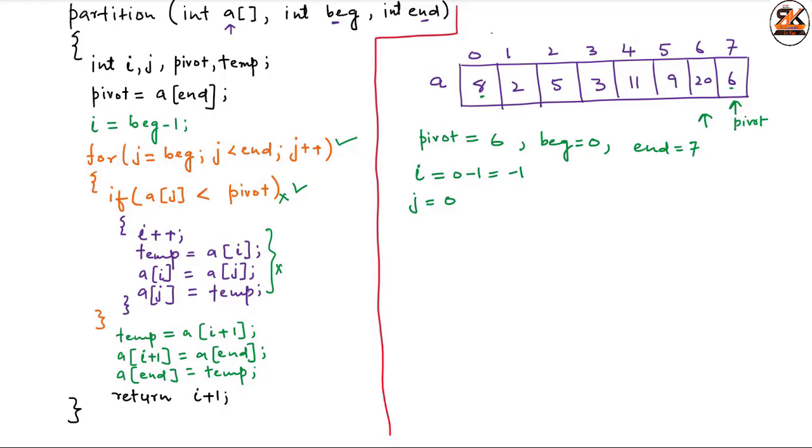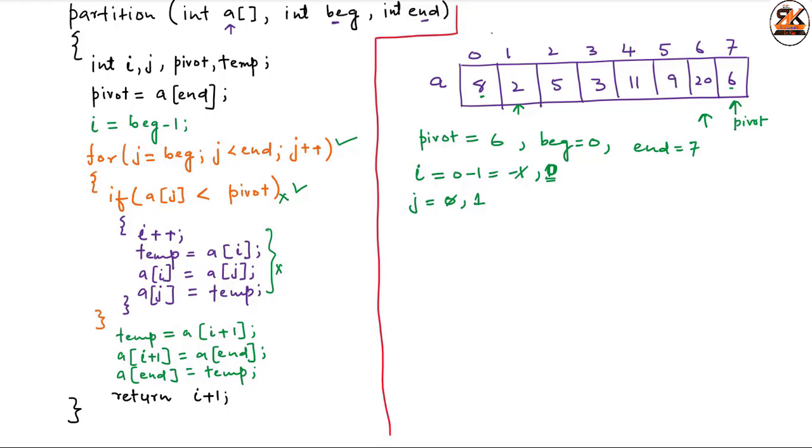And we again go up and we increment j. So j will be incremented, and now j will become 1. Then again we check if a of j, which means a of 1, that is this element, is less than the pivot element. Yes, 2 is less than 6. In that case, we have to increment i. Now i is incremented, so the value of i is 0.